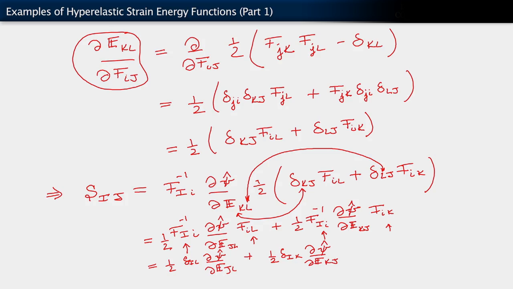And now we're done. All we need to observe is that once again the Kronecker delta is going to do its work. It's going to convert that L index on the derivative to an I, and here it's going to convert that K index to an I.